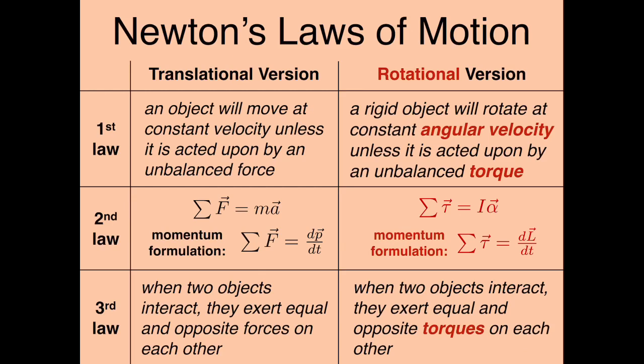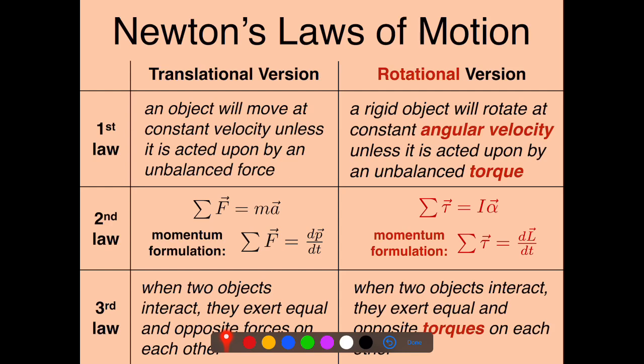Okay, so remember the first law of motion. It says an object is going to move at constant velocity unless it is acted upon by an unbalanced force. So if you have an object with no overall force acting on it, it's just going to keep moving at a constant velocity.